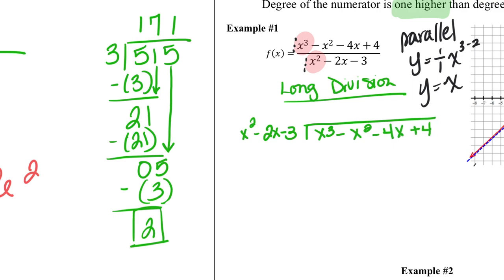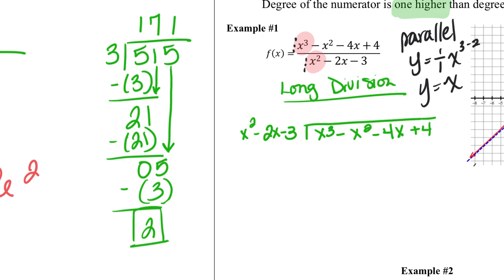If we look at our polynomial on the inside, notice that it doesn't have any missing terms. So it has an exponent of 3, an exponent of 2, an exponent of 1, and then your constant value. So we weren't having any holes.